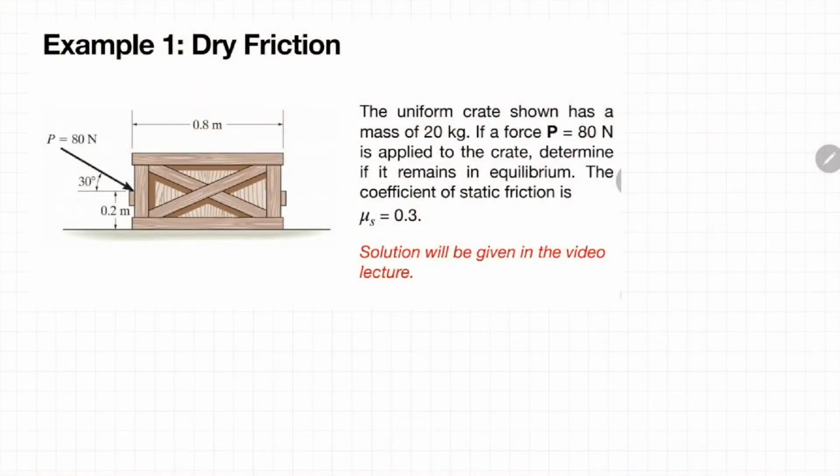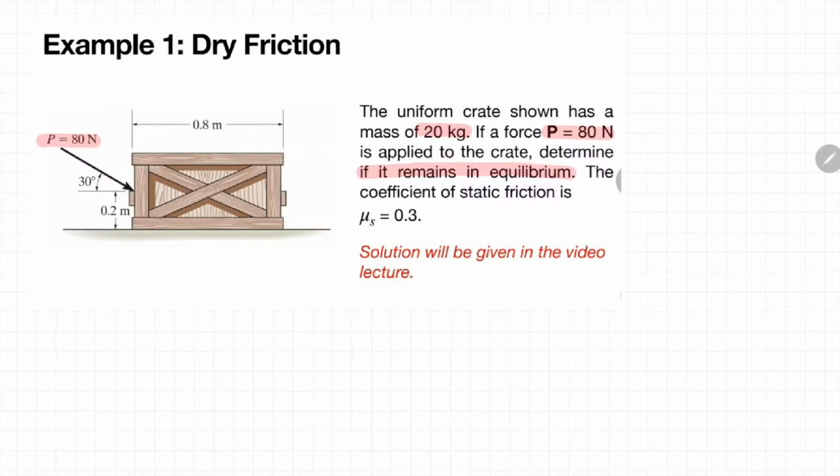Let's look at the first example. In this example, given that the mass of the crate is 20 kilograms and it is subjected to a force of 80 Newton, applied at 30 degrees from the x-axis. They want to know if the crate will remain in equilibrium, if it will stay static.